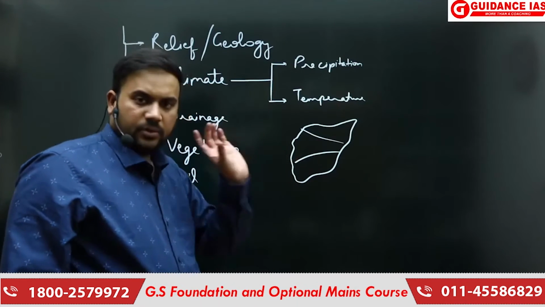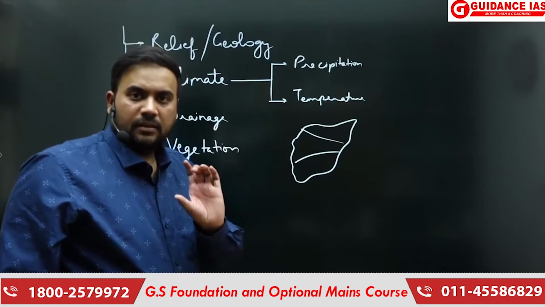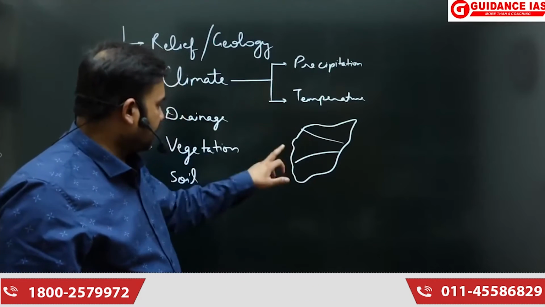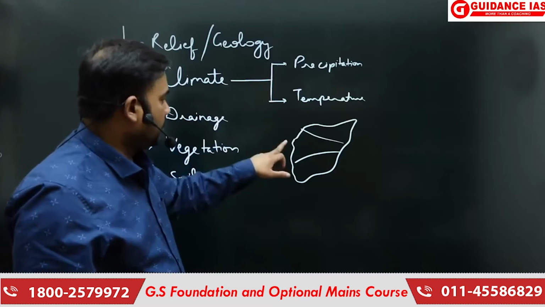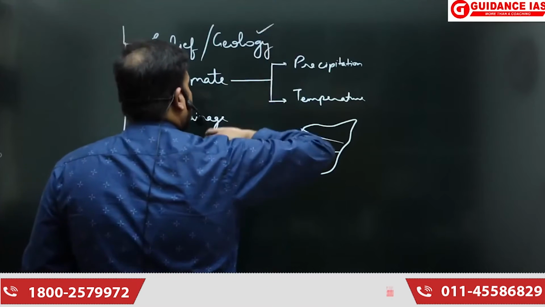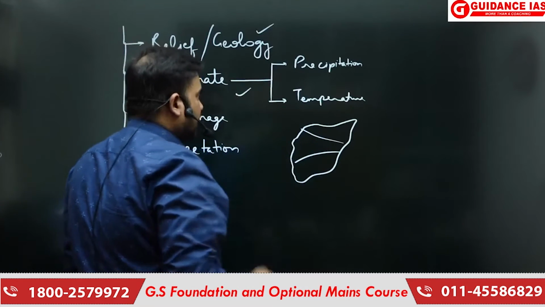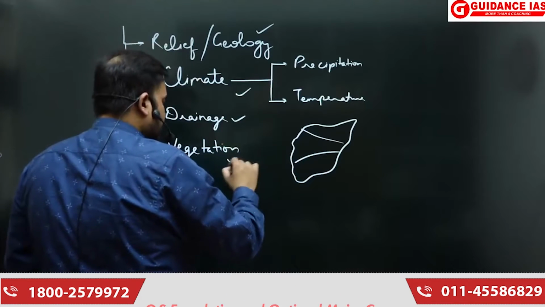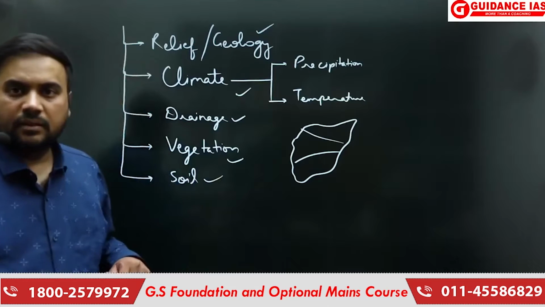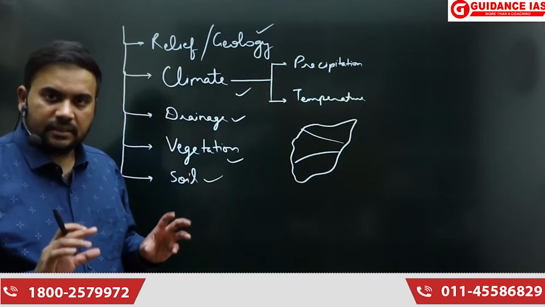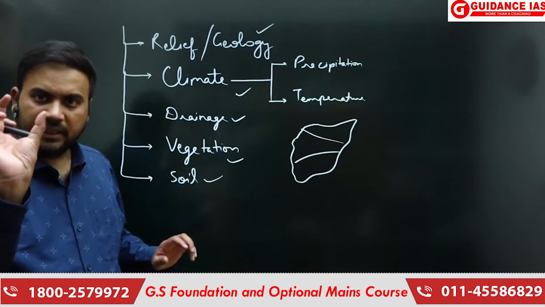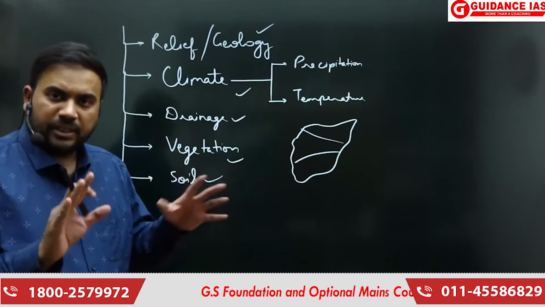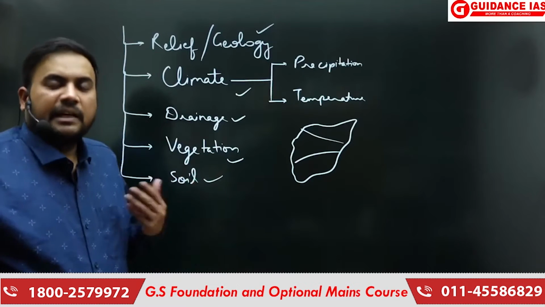So such small diagrams, and I can keep on adding this information with each. So one diagram will be made for this, one or two diagrams for climate. There will be one diagram related with drainage, vegetation, soil. Okay, so this I can do, and make them small, on one page, on the front page all this information will come. Then I can move on.